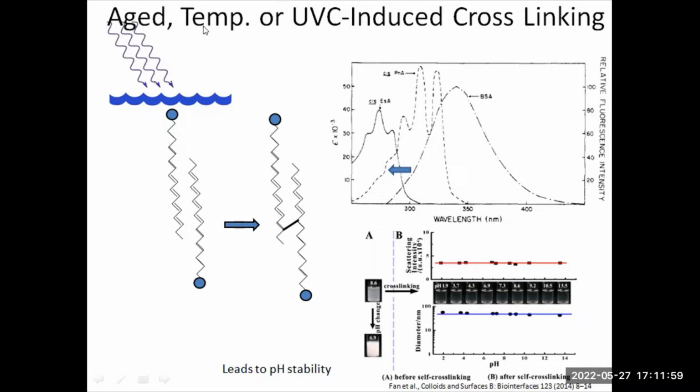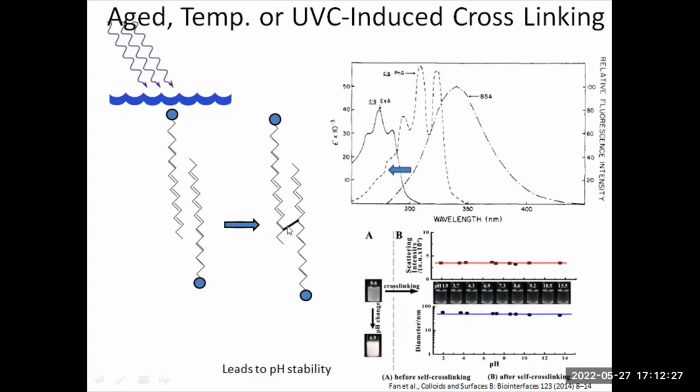This, in fact, happens with temperature also, or also with just time. After the interaction between them has had sufficient time, we can all of a sudden get a covalent bond formed between the two. And in this case, what we're doing is reducing one of these conjugated bonds. So we go from 4 conjugated bonds here to 3 conjugated bonds.